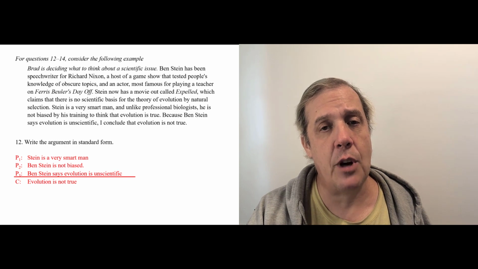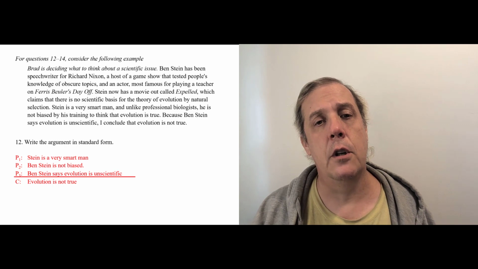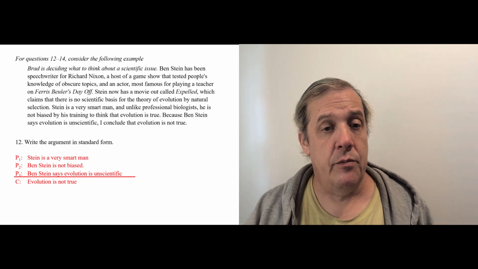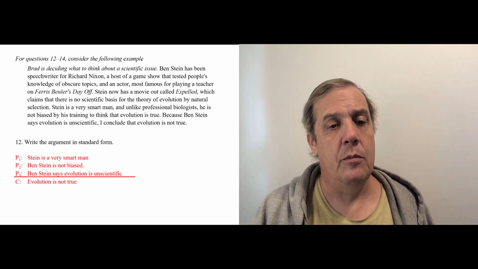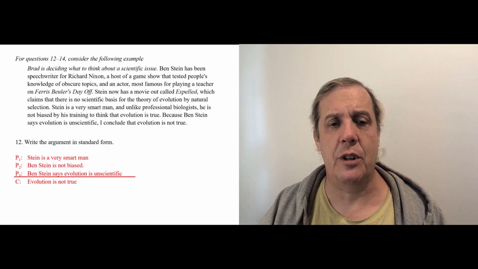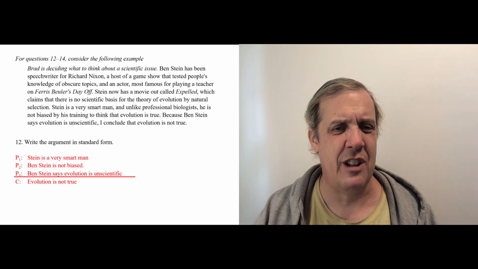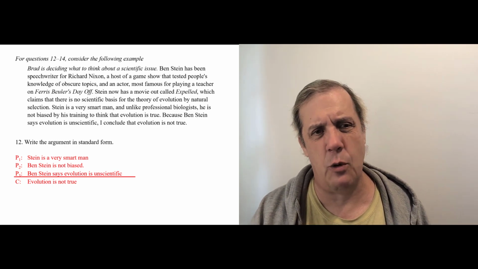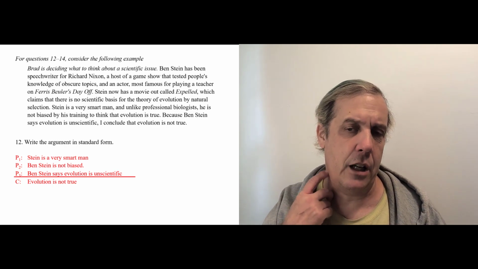And it's really that last premise and the conclusion that most closely mirror the form of the argument from authority. Someone says something, therefore what he says is true. And actually, the speaker here is making a bit of a jump between saying it's unscientific and saying it's not true. I mean, those are technically different things, but if you're thinking the way this guy Brad is, you're gonna make that kind of jump.